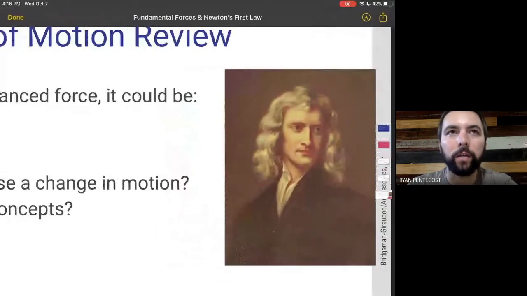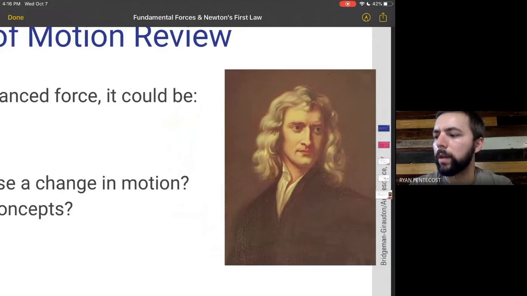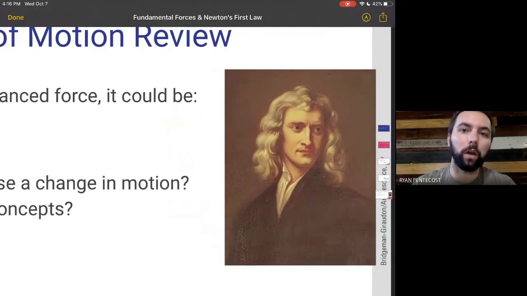Unfortunately, as he got a little bit older, he started getting a little crazier. This is due to his experimentation in, what's that called? Alchemy. Alchemists usually experimented a lot with mercury, and Newton started developing symptoms of mercury poisoning called Mad Hatter's disease, because people who made hats also used liquid mercury in the process, so they would literally go crazy.